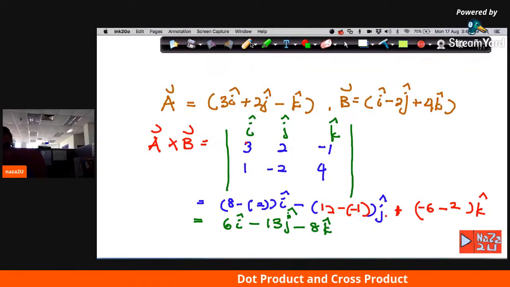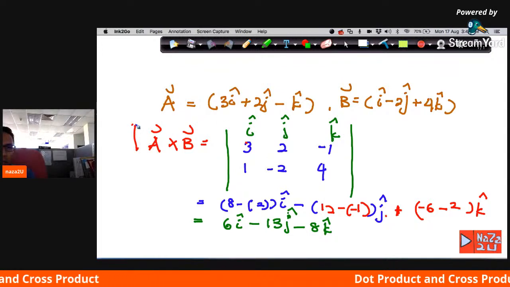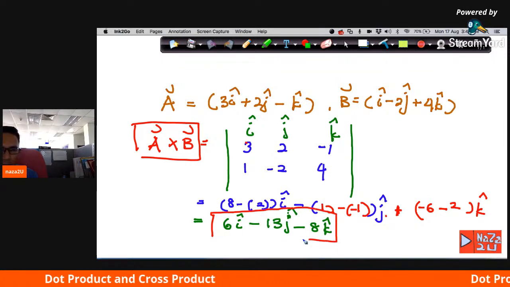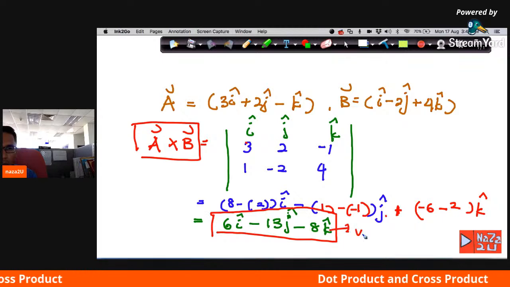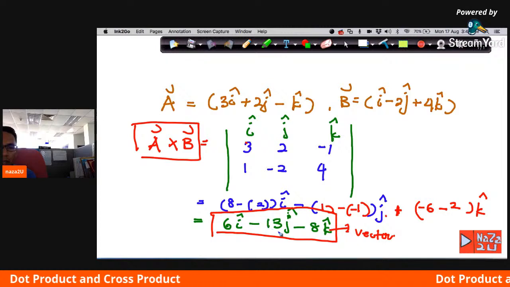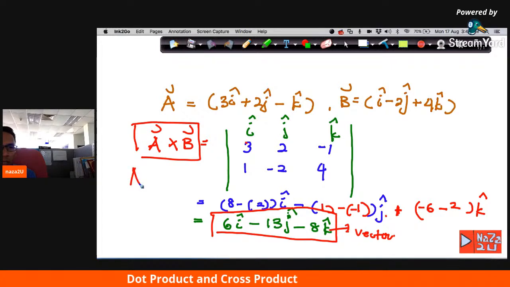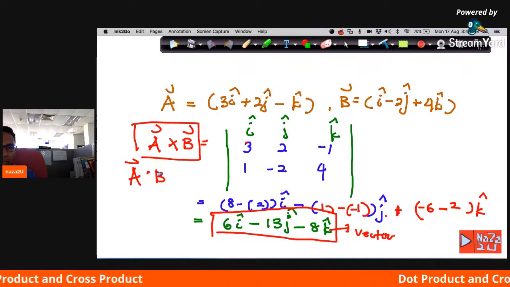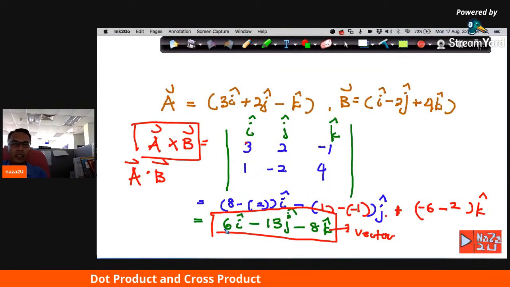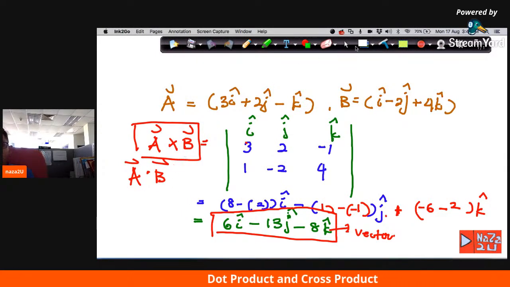So this is the final answer that you get if you use vector A cross vector B. So the final product of the cross product is a vector, right? So we have 6i minus 13j minus 8k. So A cross B is the cross product, while A dot B is the dot product, right? So this is the process that you can use to find a cross product.